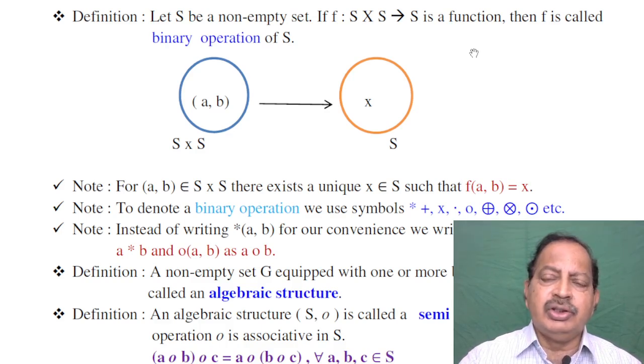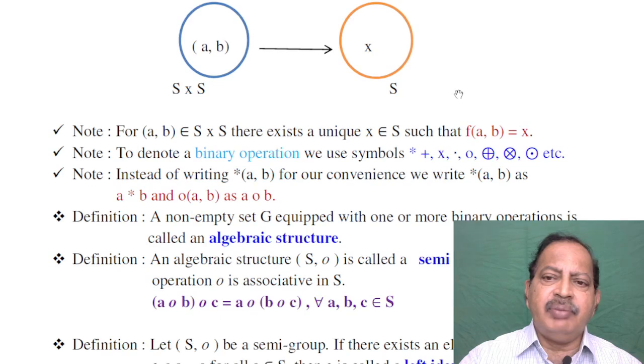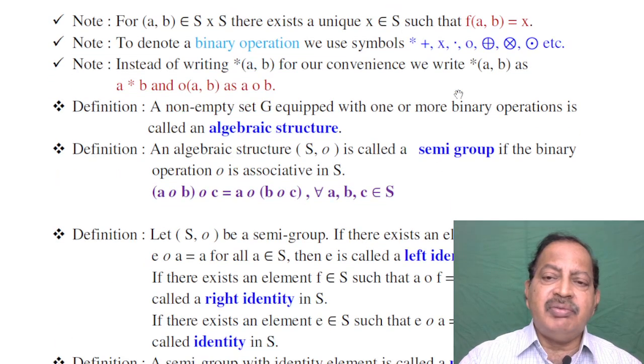So we might confuse the elements and f. F may be considered as an element of the set S. So for a binary operation, we use some other symbols like this, to avoid confusion.